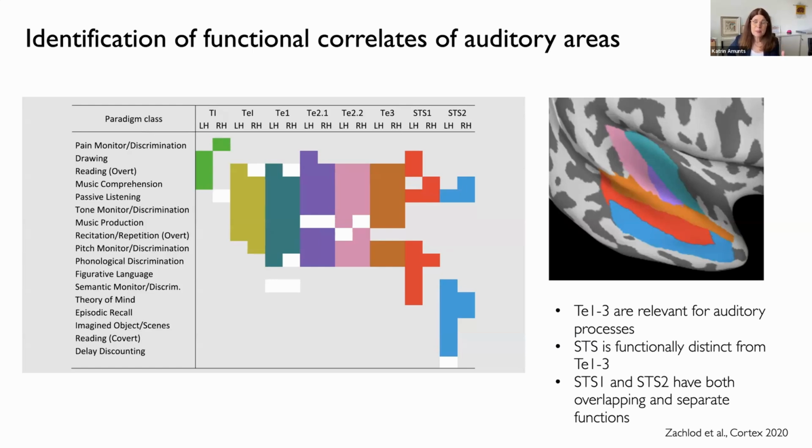So there is not an easy one-to-one relationship where you can say cytoarchitectonic area X has a function Y. For most of the areas, it is not so easy to make such a comparison.